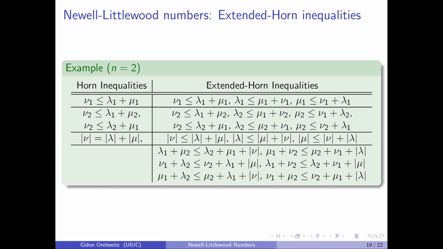So we need the symmetric shifts of all 3 of the partitions to be extended Horn inequalities. And then we also have this trace equation, again, for the Horn inequalities, turning into this version of the triangle inequalities. So it's not a 1-for-1, but what was an equation is now an inequality. And then lastly, we have these 6 other extended Horn inequalities, which don't correspond to the usual Horn inequalities.